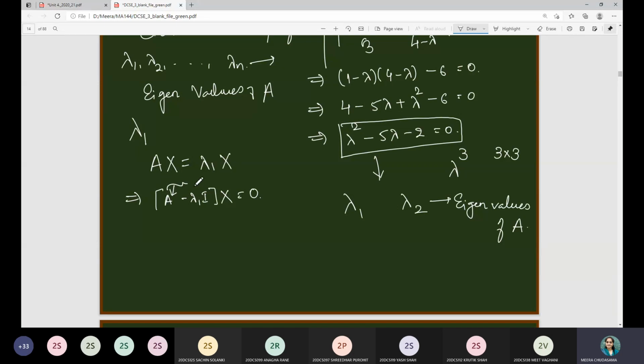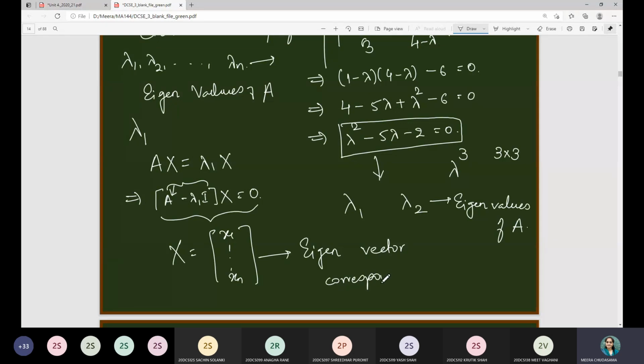So when you solve this one by putting lambda equal to lambda 1, that is the known eigenvalue, in that case, you will have a homogeneous system in terms of variables x1, x2 and so on up to xn. When you solve this one, you will get the x1, x2, xn values, and that is called the eigenvector corresponding to lambda 1.